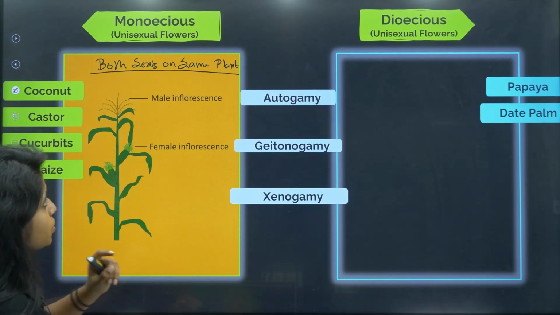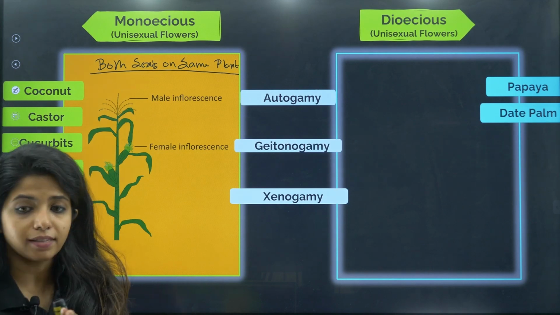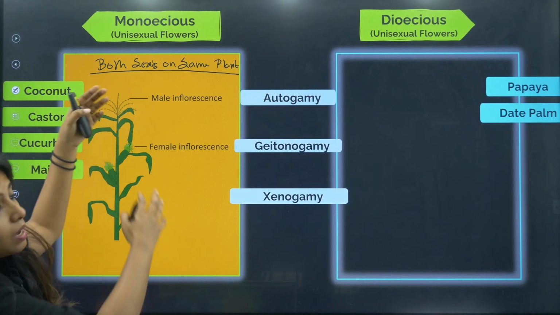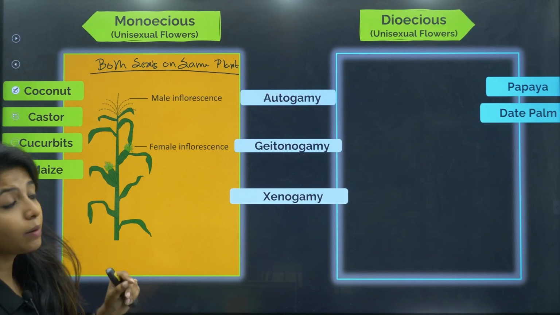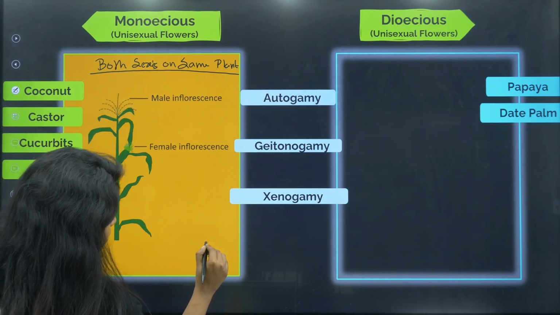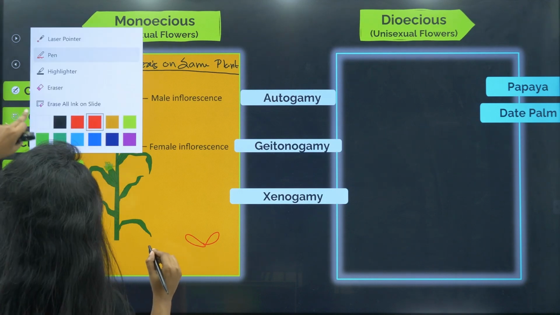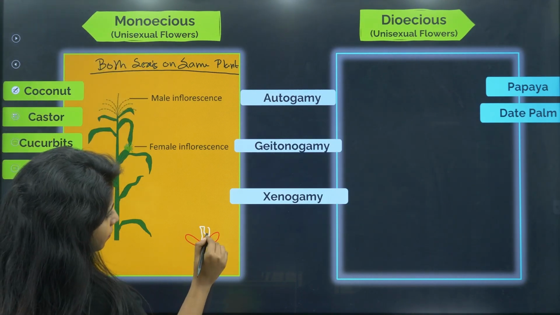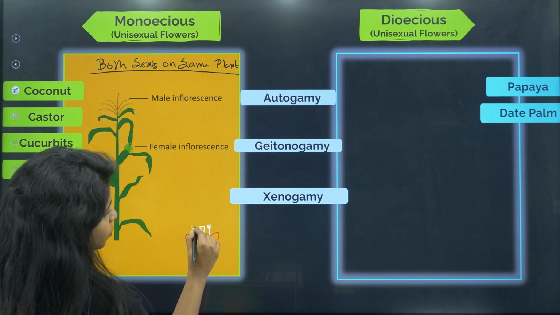Now, it has two choices. Either it can be a unisexual flower, as in there can be one flower with one sex and another flower with another sex, but on the same plant, or it can be bisexual as well. What do you mean by bisexual? Where there is a flower like this, it will be having the pistil as well as the stamen.